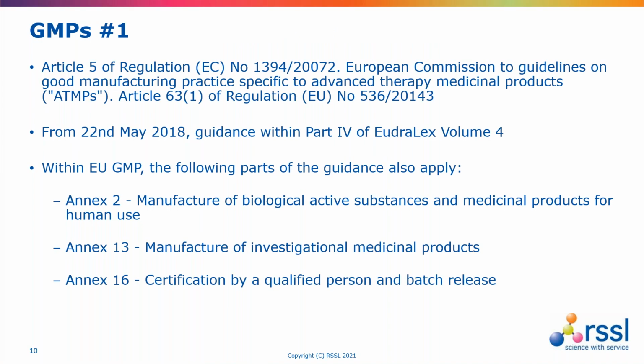There are also specific GMPs, and there was a debate in industry about whether or not there should be separate standards for ATMPs, and the regulators both in Europe and the US decided that was appropriate because these are complex products, and it follows that the risks may differ according to the type of product, its nature, characteristics, particularly the starting materials, and the level of complexity within the manufacturing process.